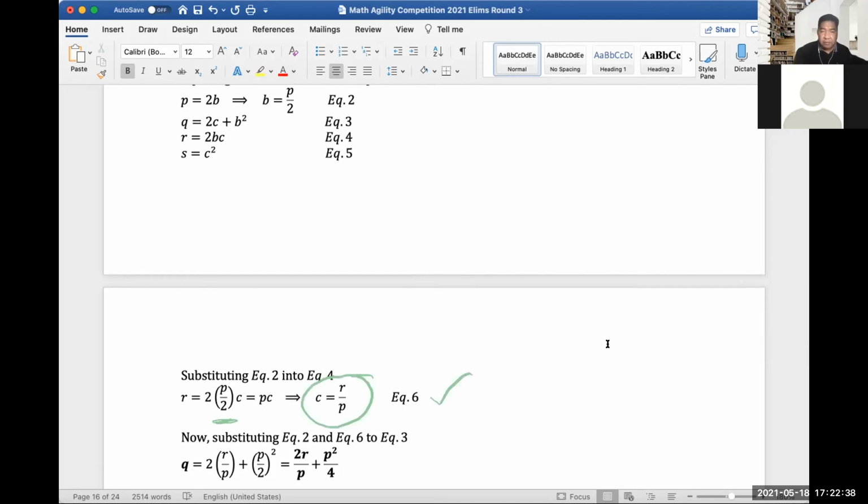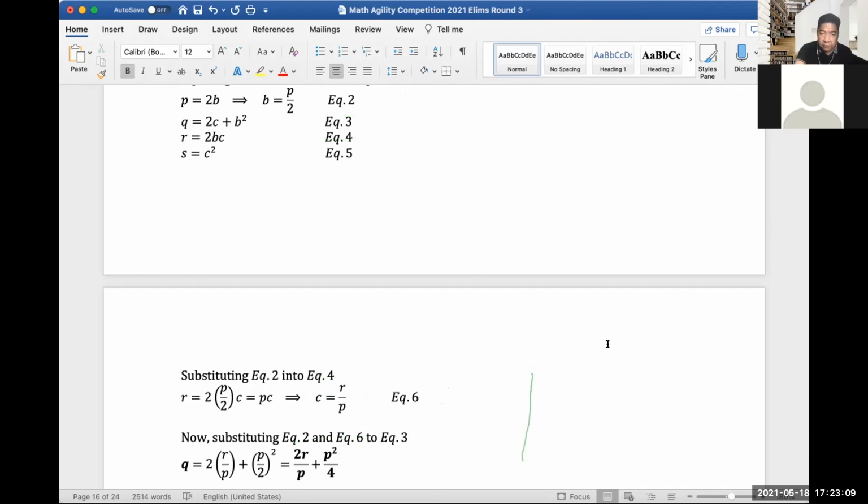And now substituting equation 2 and equation 6 into equation 3, which is this, q is 2 times r over p plus p over 2 squared. So we will get 2r over p plus p squared over 4. So this would be q in terms of r and p. So that's one of the answers. So that's 2 points.